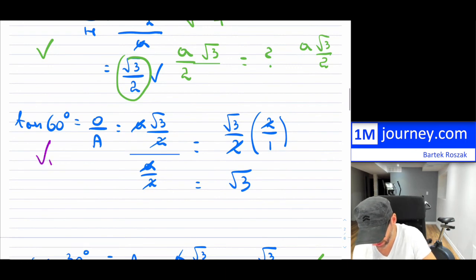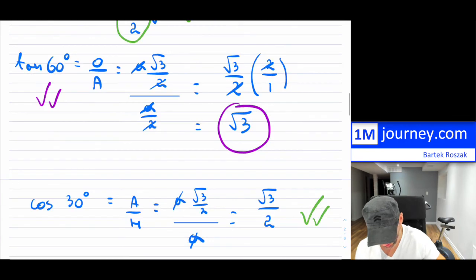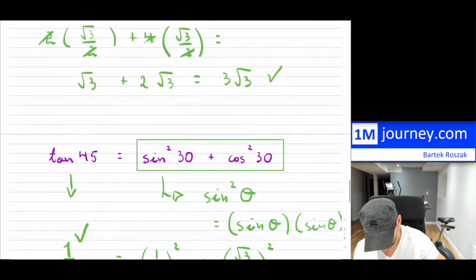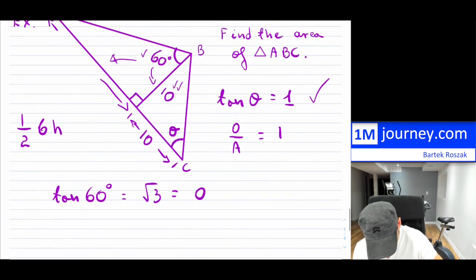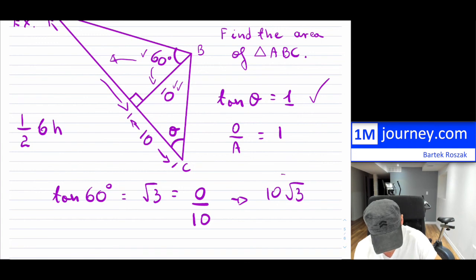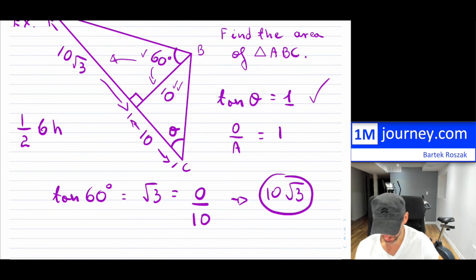It was right here. So that's just equal to the square root of 3. So square root of 3 is opposite over adjacent. Now my adjacent is equal to 10. So that means that my opposite is equal to 10 times square root of 3. And that's this distance, 10 square root of 3.